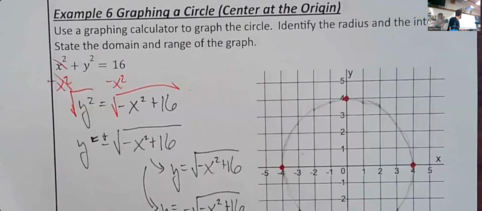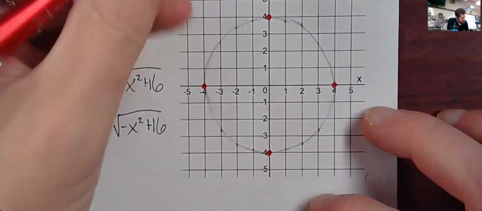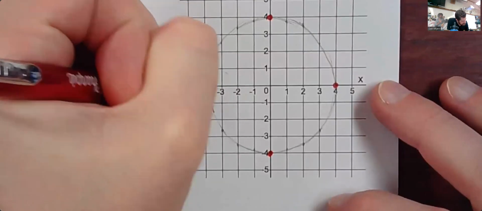All right. So there's our circle. Got a few extra points on there. Just makes it look a little bit nicer if you can get a couple extra points.